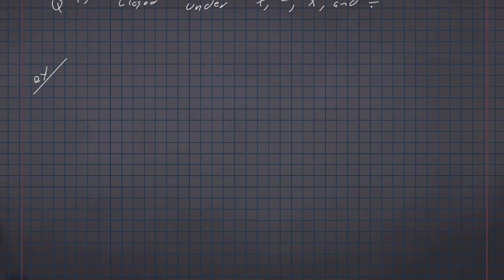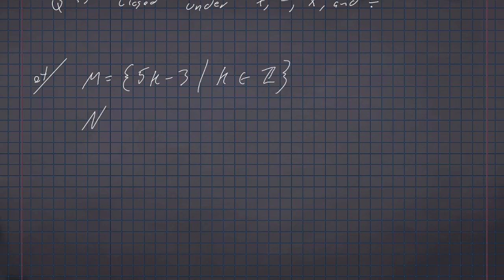Let's call set M the set of all 5k minus 3 such that k is an integer.